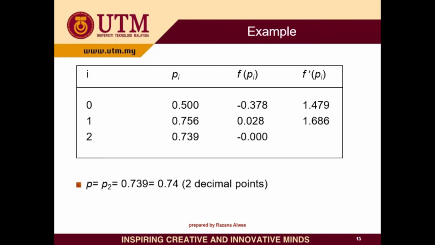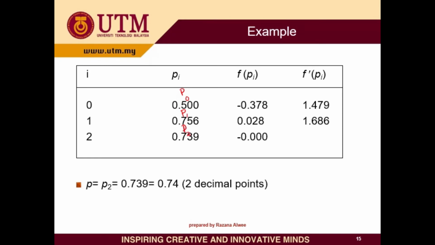Same as the previous two methods, I want you to make this table each time you do the Newton method. So this is your p0 here, and then you calculate the f(p0). Then based on that you calculate the f prime for your p0. Then you will get your p1. This is your p1, and after that you get the f for p1 and f prime for p1. Then you can get your p2.